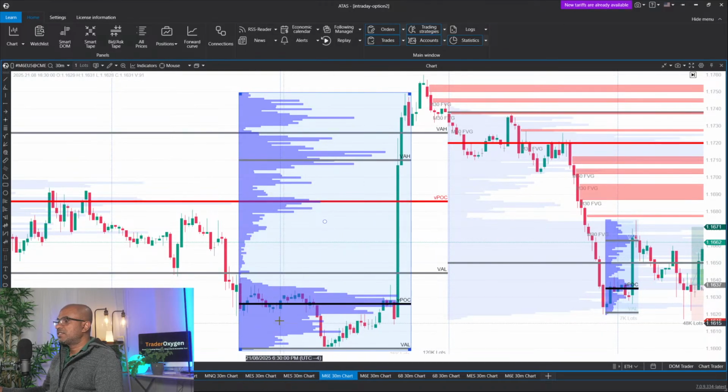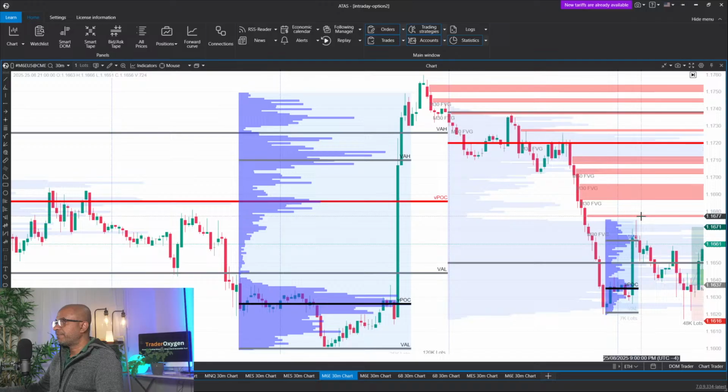This is where smart money, big banks and large institutes have built up their positions. So there's a lot of buyers, smart money and big institutes over here. They will defend their buy entry. So when the price retraced down, this volume point of control and this high volume cluster acted as support, and then the price pushed up.